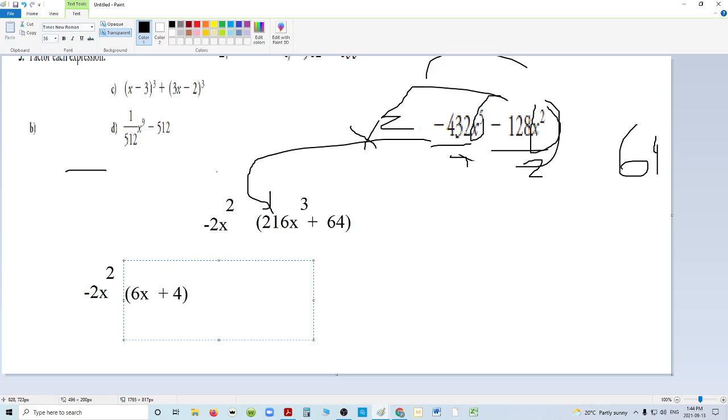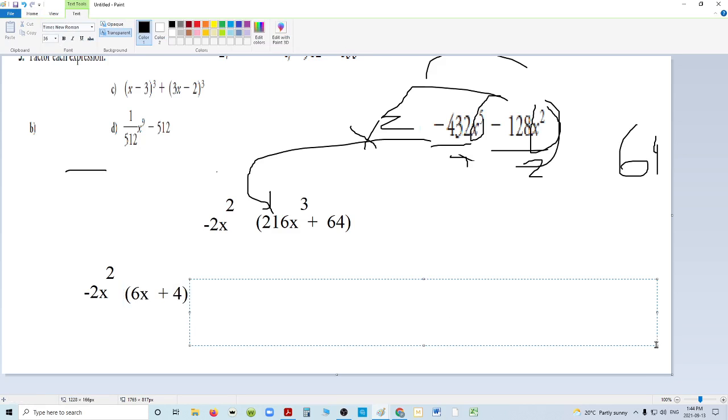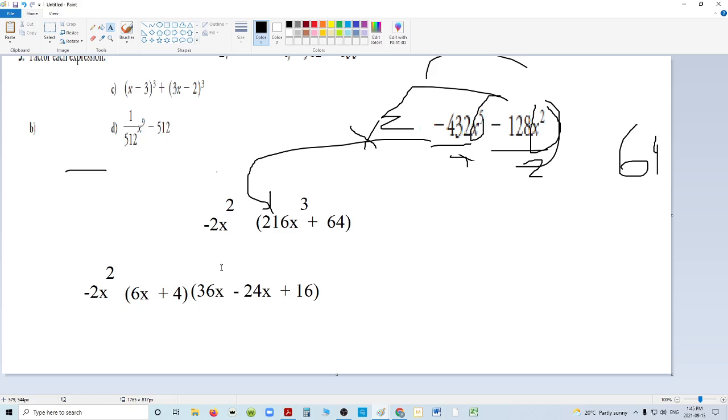So that's the first factor. The second factor is the square of the first one, 36x squared, a negative, and 2 of them times each other, 24x, and then 4 squared. That's just following the rule of sum, and don't forget to put your square here. And there, you've correctly factored the second one.